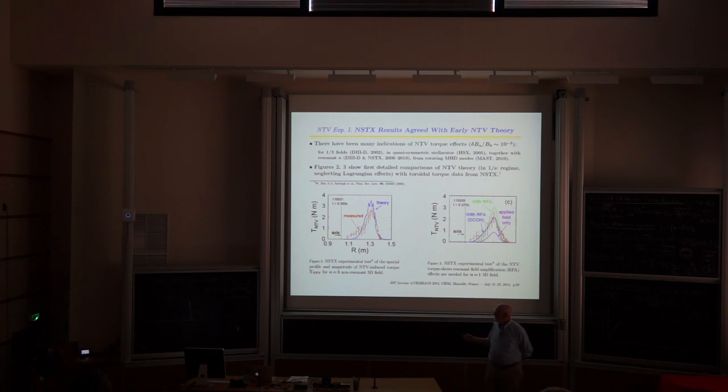This was a non-resonant one, so the real field lines are twisted like this, and the perturbation had the opposite helicity, so it was not resonant. Then they said, okay, let's try the resonant case. And then the theory, if they did the applied field only, was too low compared to the experimental data.